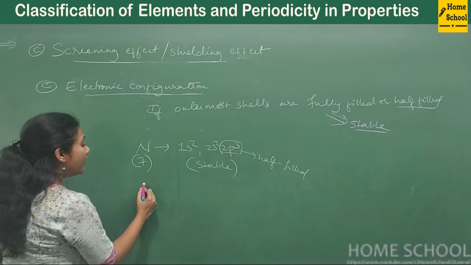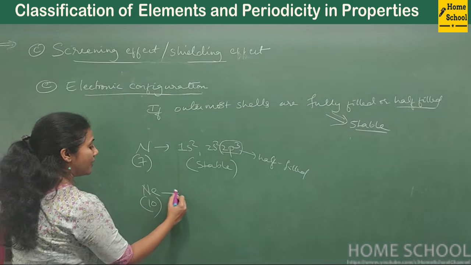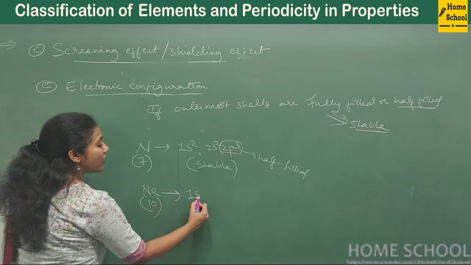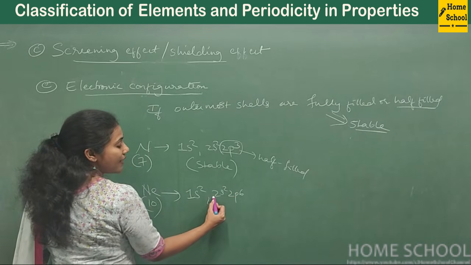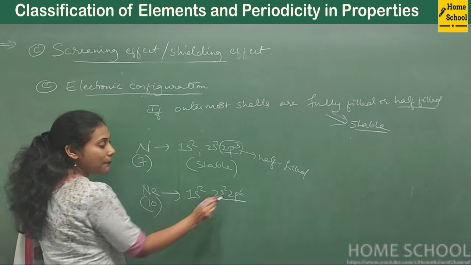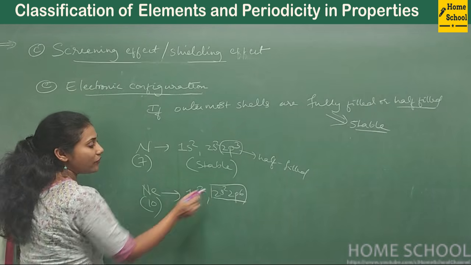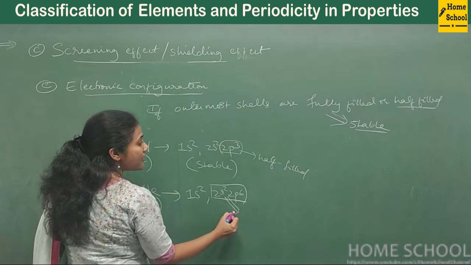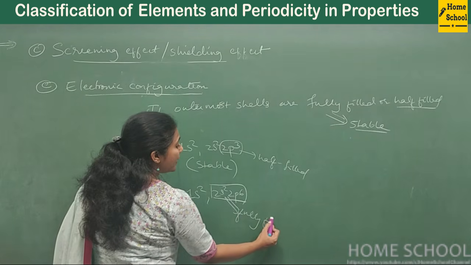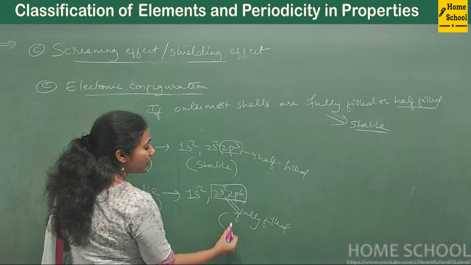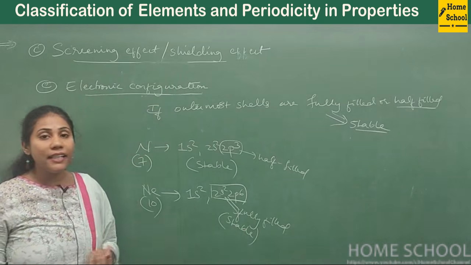And then you observe neon, where atomic number is 10. Its electronic configuration is 1s2, 2s2, 2p6. See, s orbital is completely filled, and the entire shell itself is completely filled with 8 electrons. So this is the fully filled condition.